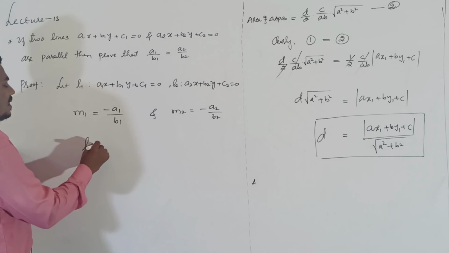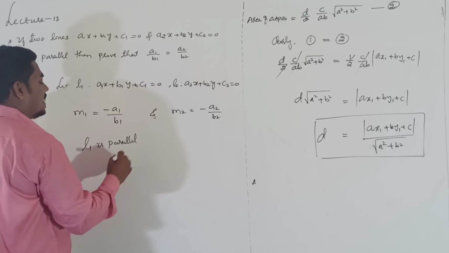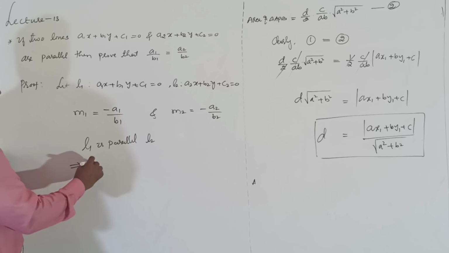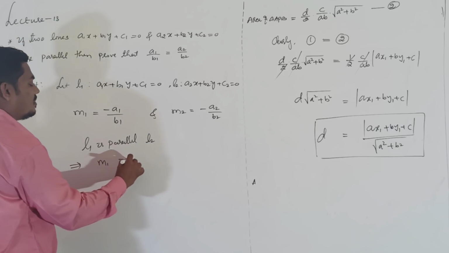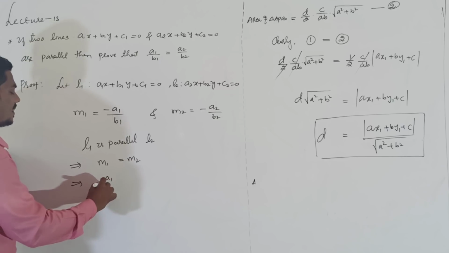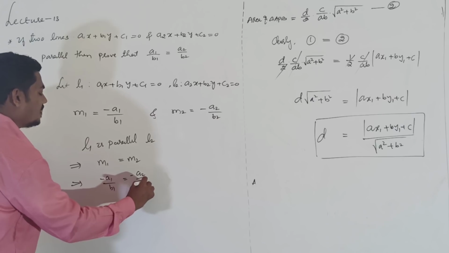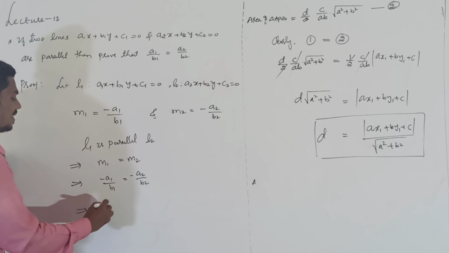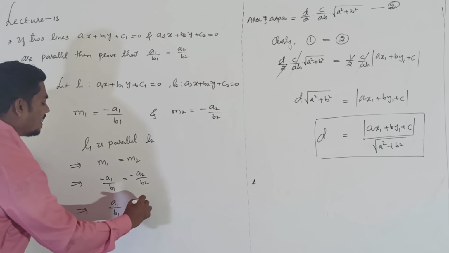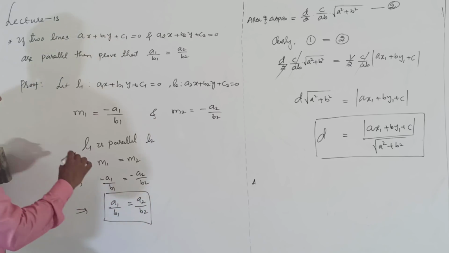What have they given? L1 is parallel to L2. If line 1 is parallel to line 2, then what do you conclude? m1 equal to m2, which means minus a1 divided by b1 is equal to minus a2 divided by b2, right? Both sides the negative sign gets cancelled. So a1 divided by b1 is equal to a2 divided by b2, right?